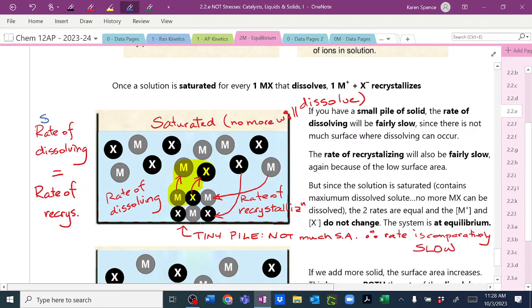So the rate of dissolving is slow, and the rate of recrystallization is slow, but they're slow and they are still equal. Take a moment, just ponder that. It still dissolves, it still recrystallizes, but every time we get one dissolving, another one has to recrystallize.